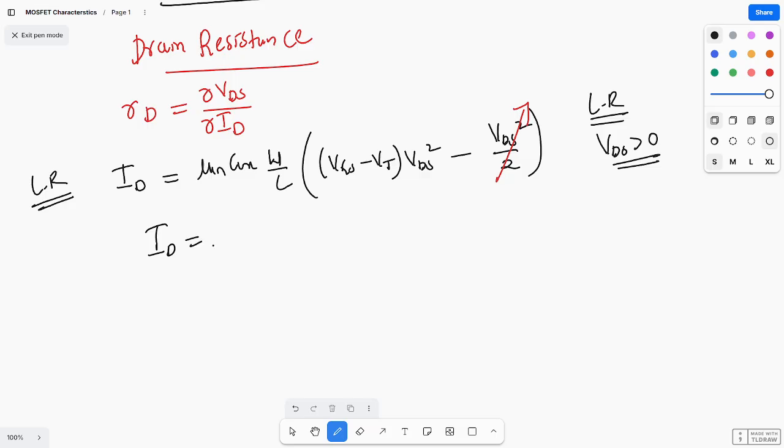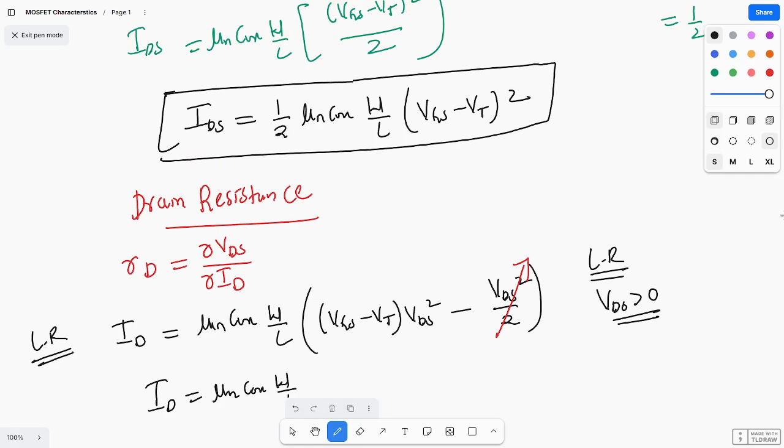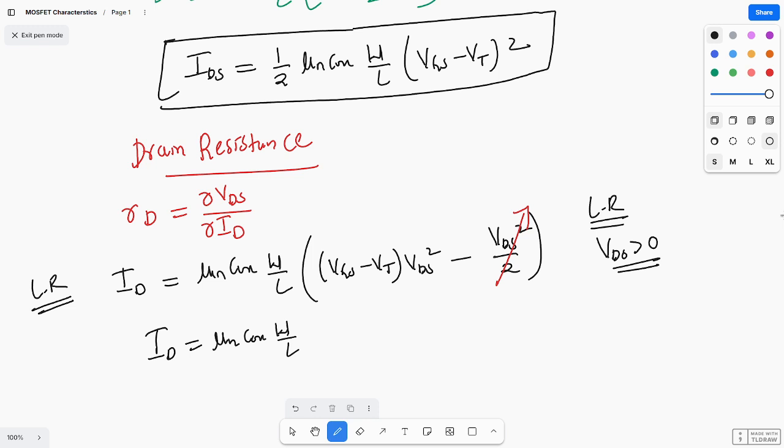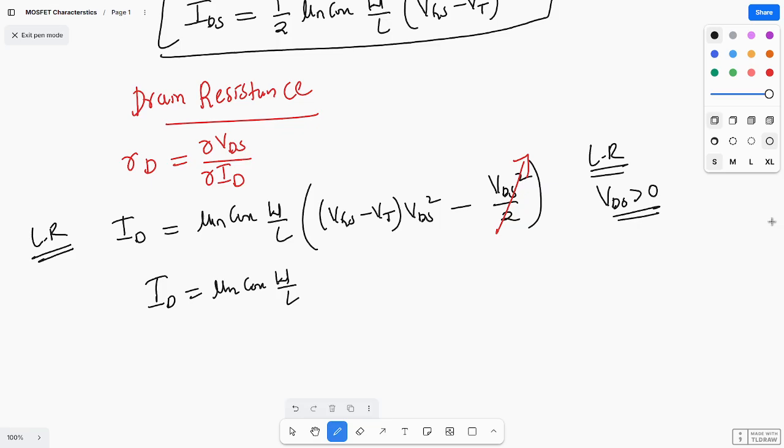ID equals mu n COX W by L. One second, sorry, I need to do it for the linear region, not saturation.